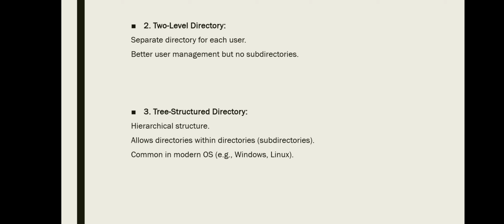The user can create subdirectories and even store files in their directories. It is a hierarchical structure and it allows directories within directories. It is common in modern operating systems like Windows and Linux.